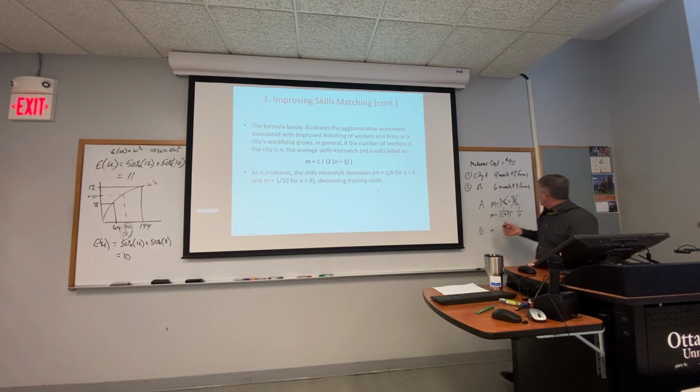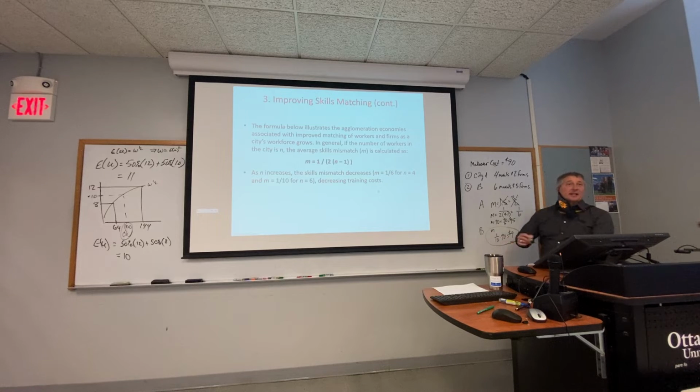And then we just take the 1/6 times the makeover cost, so M times 90 equals 1/6 of 90. And so what did you guys get for that? 15? Yeah, 15. So 15 bucks in city A, and what'd you get in city B? 9 bucks.